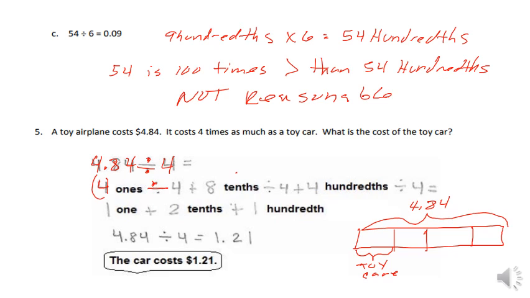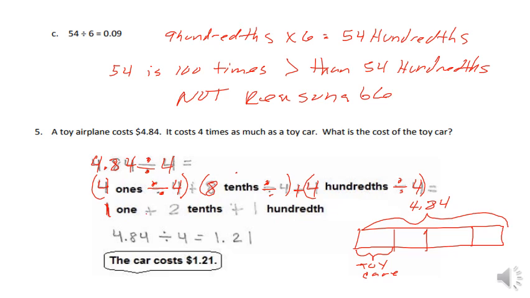Now, we're going to break this up, and you can see we have 4 ones, and we're going to divide that by 4. And then we have 8 tenths divided by 4, plus 4 hundredths divided by 4. Now this is something you can do when every digit is a multiple of your divisor.